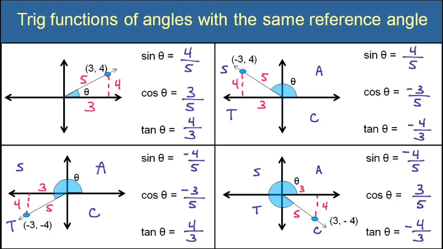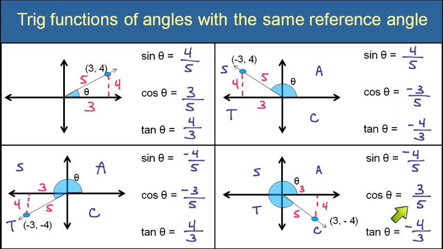So I really want you to see that for all of these angles, the sines are all 4/5, but sometimes they're positive and sometimes they're negative depending on their quadrant because they all have the same reference angle. That's what reference angles do for us. And then cosines, all the same.